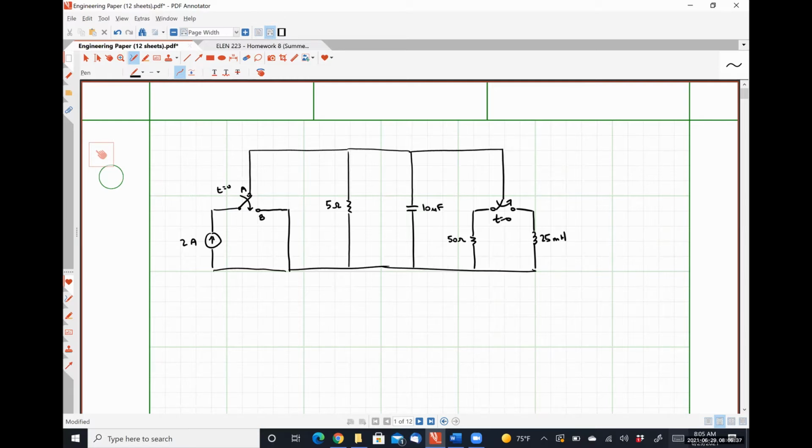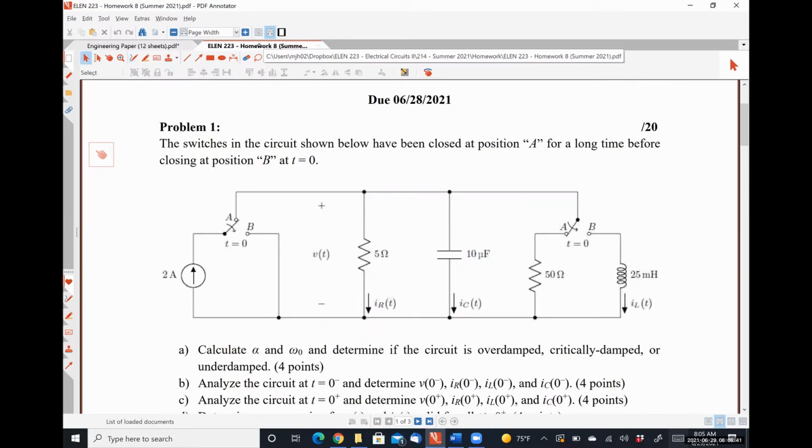Let me check what my quantities of interest are. So there's my voltage and then 3 currents. Okay.